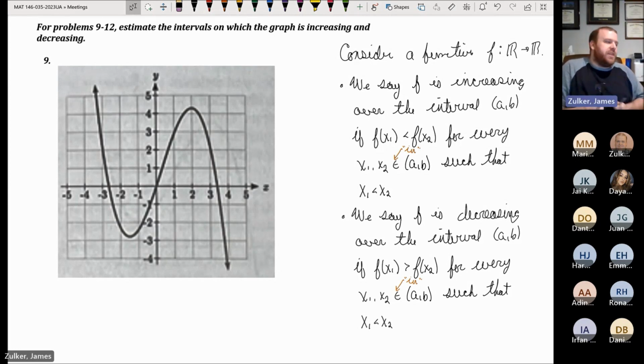Also, in the lecture video were introduced the concepts of absolute or global extrema and relative or local extrema. Right, so mins and maxes.